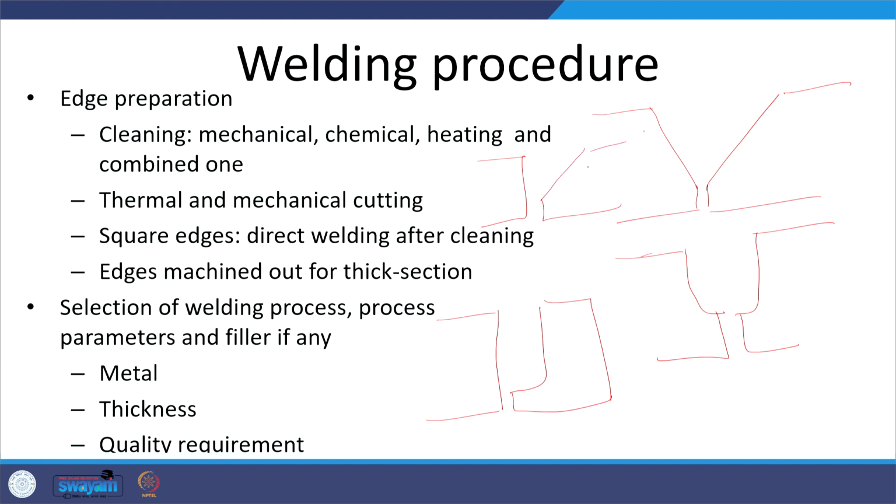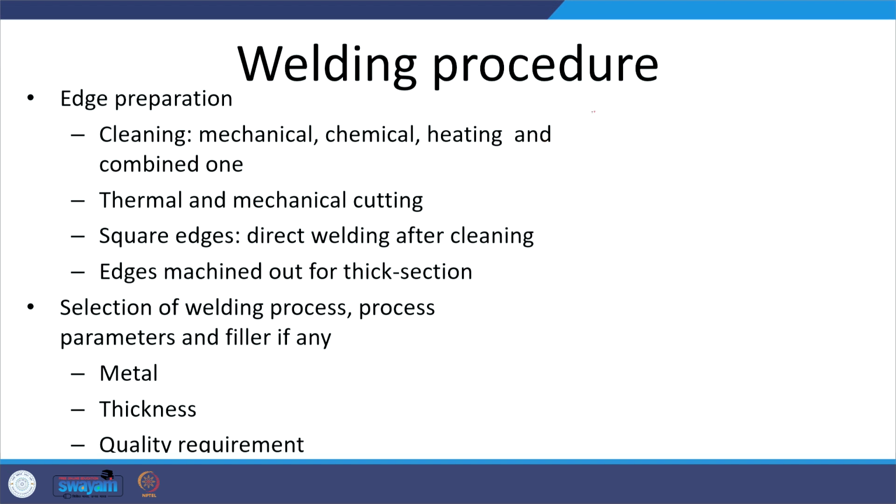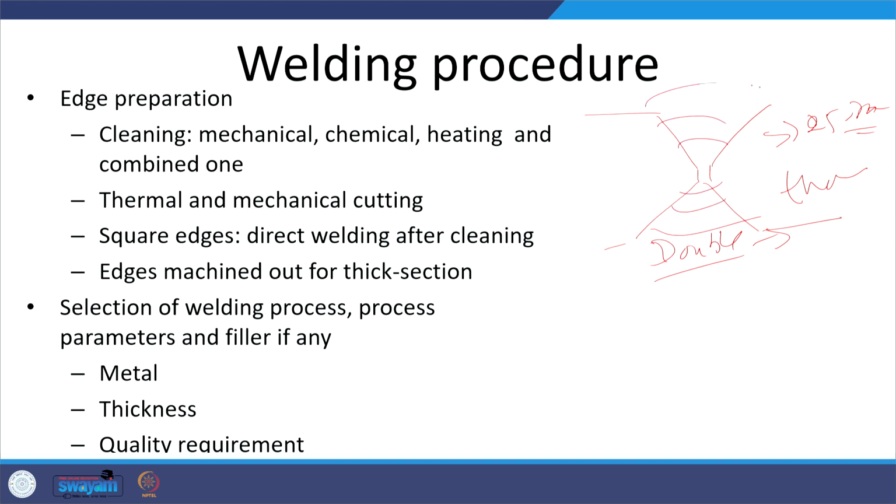So, this is where the groove is prepared from only one side, but we can also prepare the grooves on both sides, like the V groove like this. This is called double V. It is used for thick sections, greater than 25 to 30 mm, especially when we want no distortion and residual stresses need to be neutralized; then double V is found to be very effective.